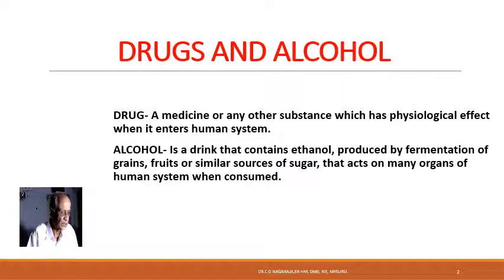So sugar gets activated upon by microbes, and that will produce the ethanol, and that is distilled and then packed up in different ways to form alcohol. You know, the story of the alcohol is not today.